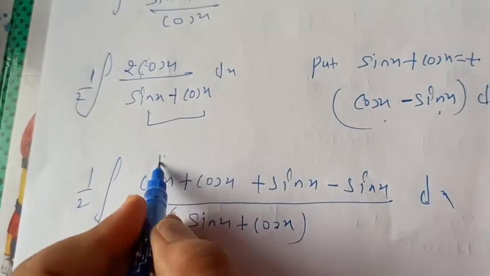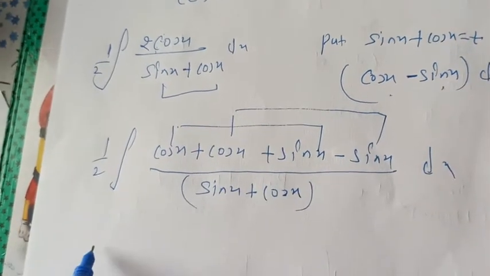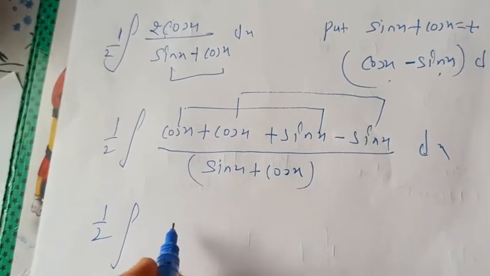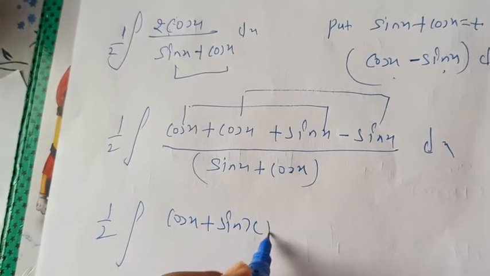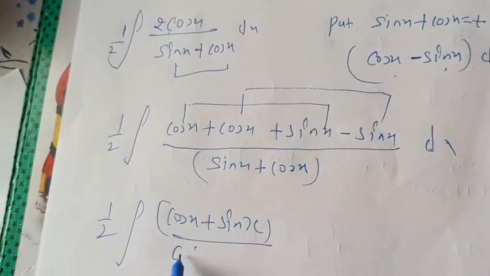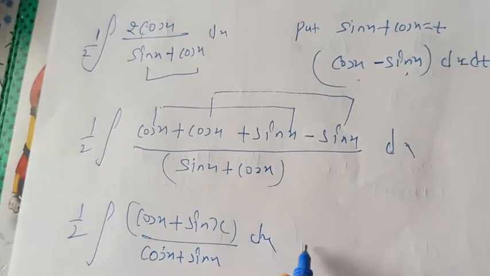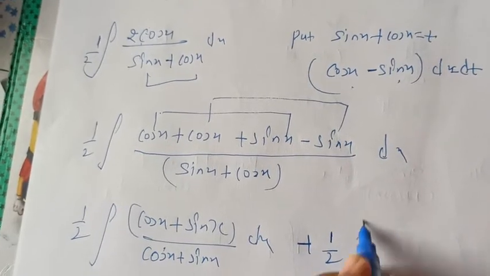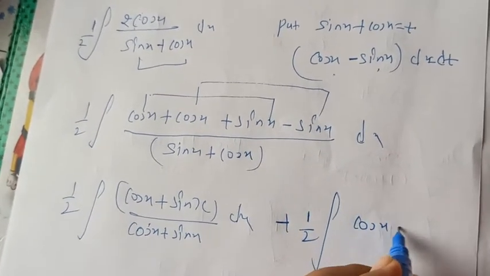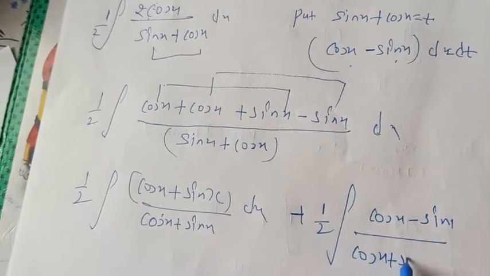Pair these, one with plus, one with minus. When you pair these and distribute the denominator, the first part is half of (cos x plus sin x) upon (cos x plus sin x). Similarly, the second part will be half of (cos x minus sin x) upon (cos x plus sin x).